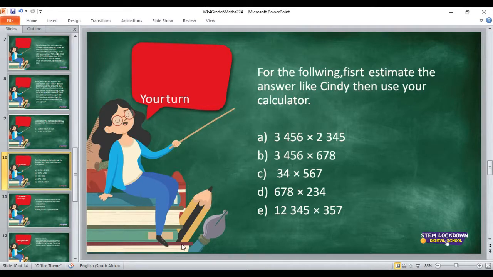So first do the estimation, and when you're writing your answer on the question and answer box, make sure that you first write your estimated answer. You can just write estimated and give me the number, and then write your calculated answer, or just write answer and then you give me the number or the amount. Okay, I'm just gonna give you a few seconds to do that and then check the answers.